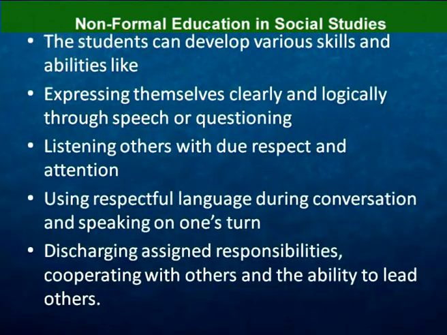The student can develop various skills and abilities like expressing themselves clearly and logically through speech or questioning. When they are participating in the model parliament, the child comes to know what policies are there in the government. Here they will also discuss issues, water or electricity, whatever it may be.